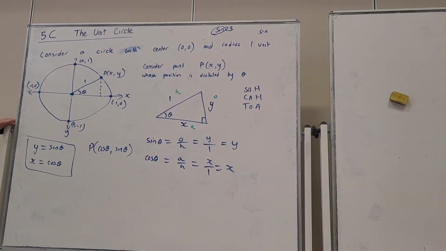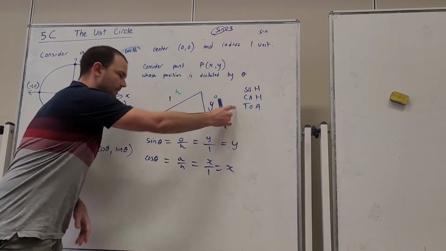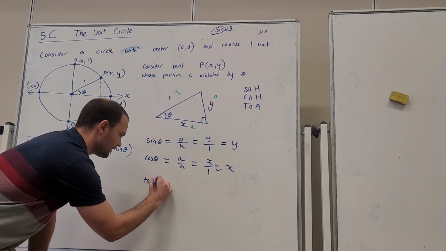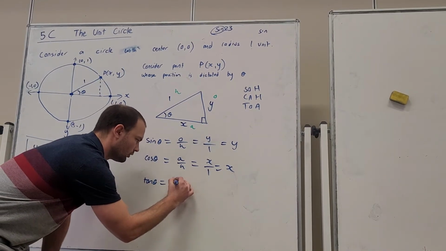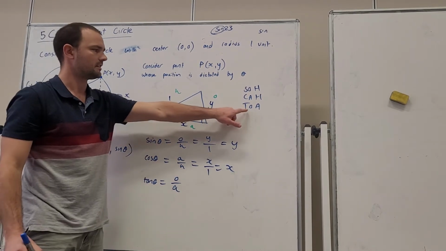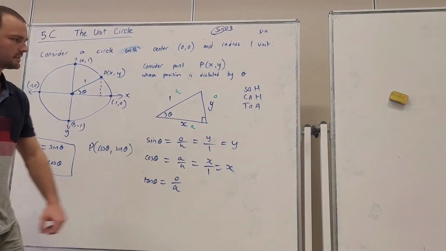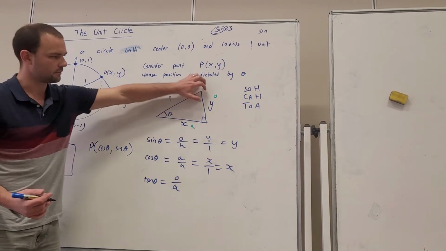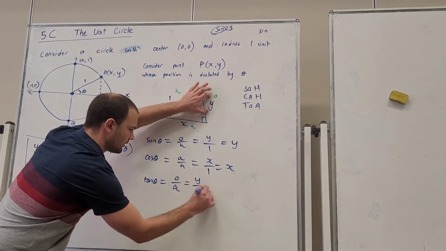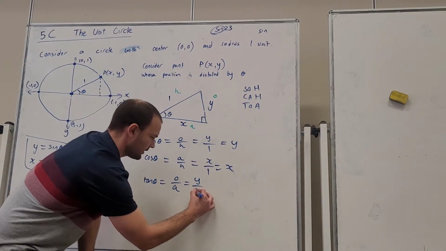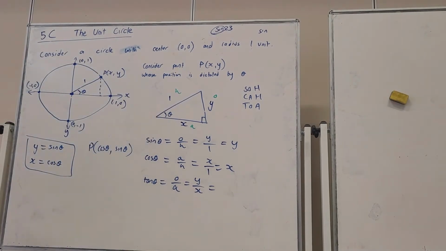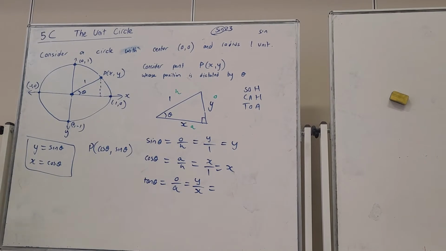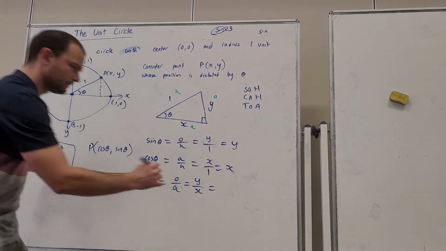Okay, let's take it one step further. What about tan theta? We've used sine, we've used cos, what about tan? Well, tan theta is O on A. Tan is O on A. And so if we take O, O is Y, and A is X, so tan theta is Y on X. But Y, in its simplest form, is sine theta.